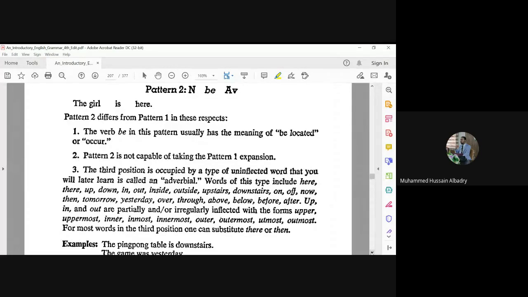Noun be IV. IV what here? It means adverb. Okay. For example, the girl is here. This is noun. This is be, نفس الباتن number 1 لكن non difference. IV it means adverb لكن هناك فوق adjective IG J يعني adjective. لازم تحفظون ذني كلش مهمات.